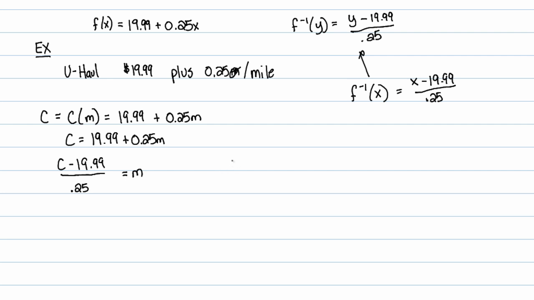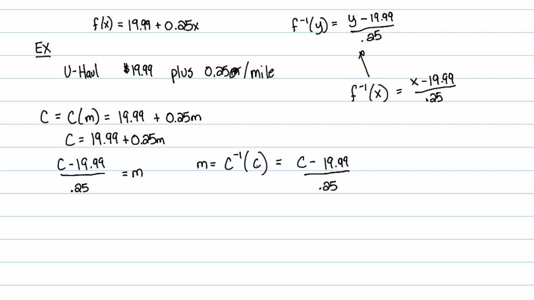This tells me that C inverse of C is equal to C minus 1999 over 0.25. And I know that C inverse is supposed to be the input value. Because I use the same letter, it'll look kind of confusing, but don't let it confuse you.